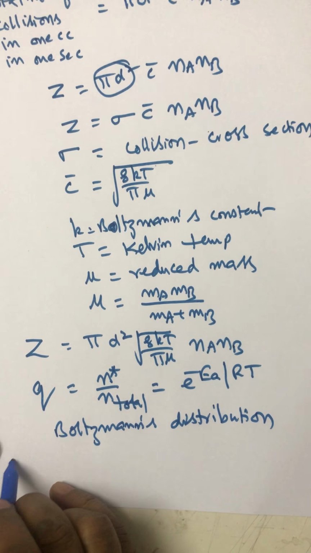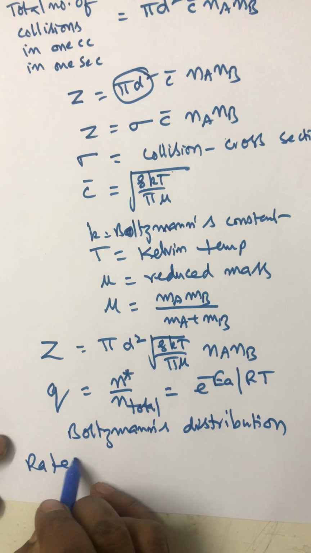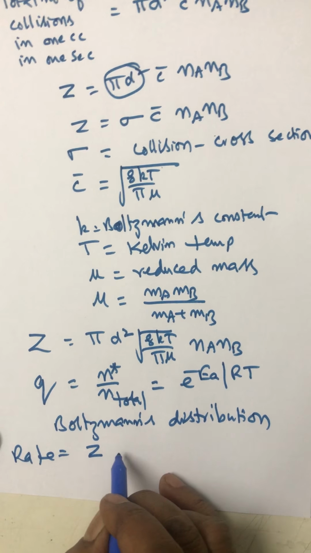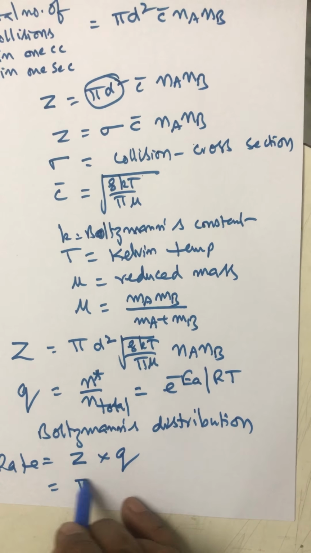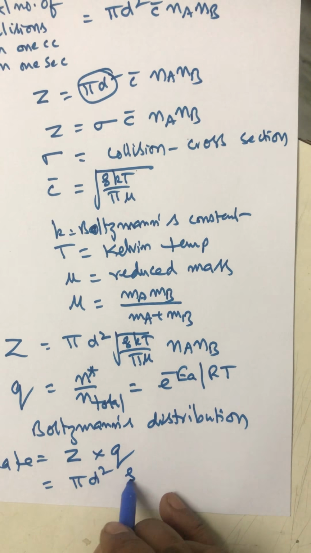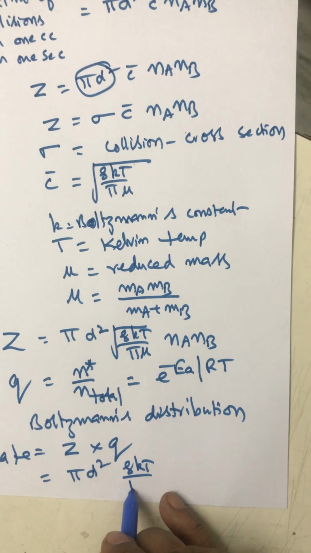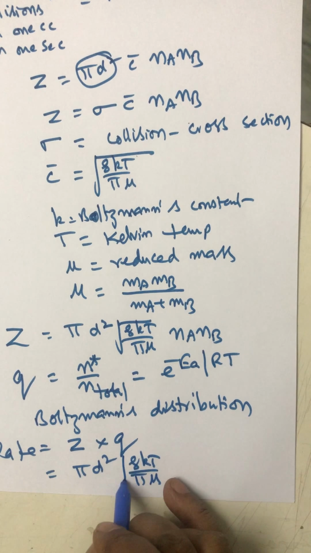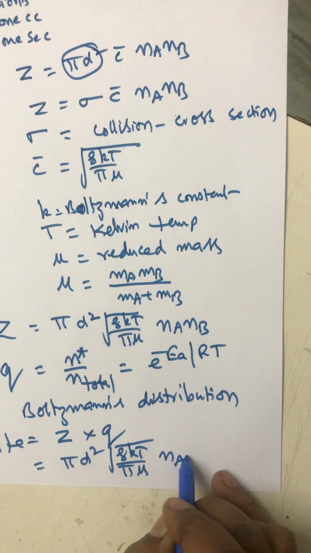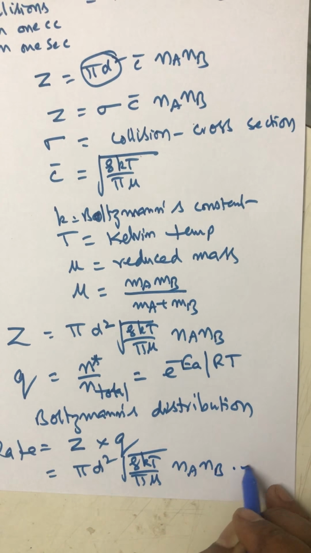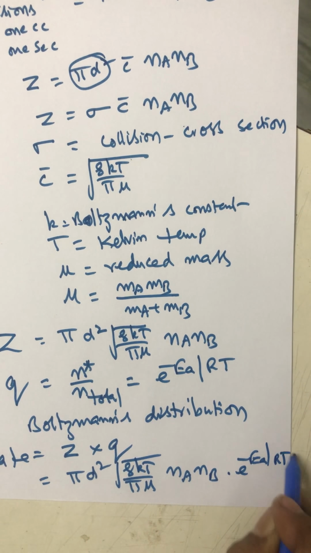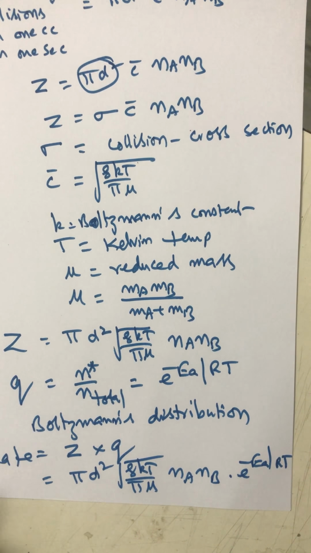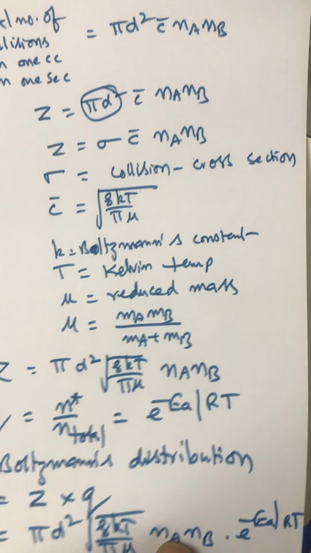Now the rate can be expressed as Z into Q: pi d square root of 8kT by pi mu, NA into NB, exp of minus EA by RT. This is the rate equation.